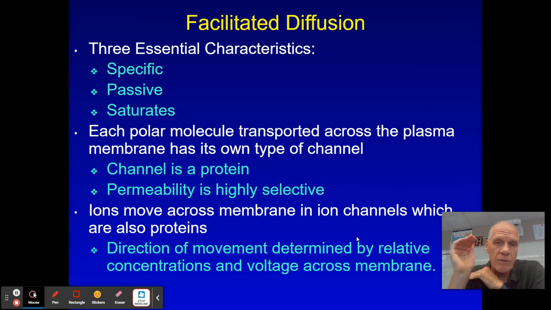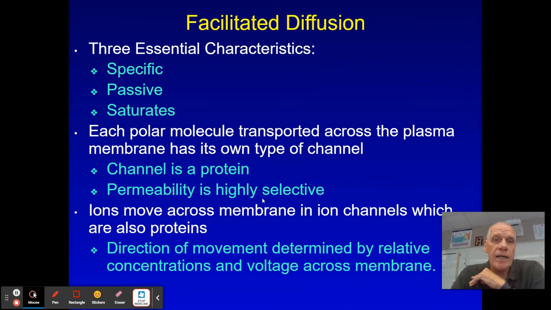It'll reach a point at which every single transport protein is moving the, let's say, sodium ions across the membrane as fast as it can. That is the highest it will occur. It can't go any faster than the number of transport proteins you have. So facilitated diffusion will continue increasing its rate until every single protein has become saturated, and therefore a rate increase will not happen after that point.